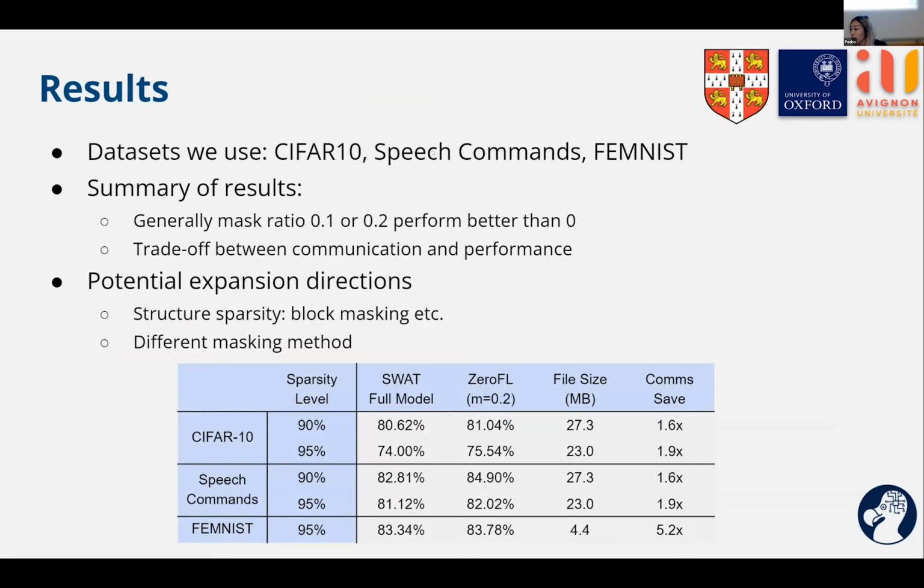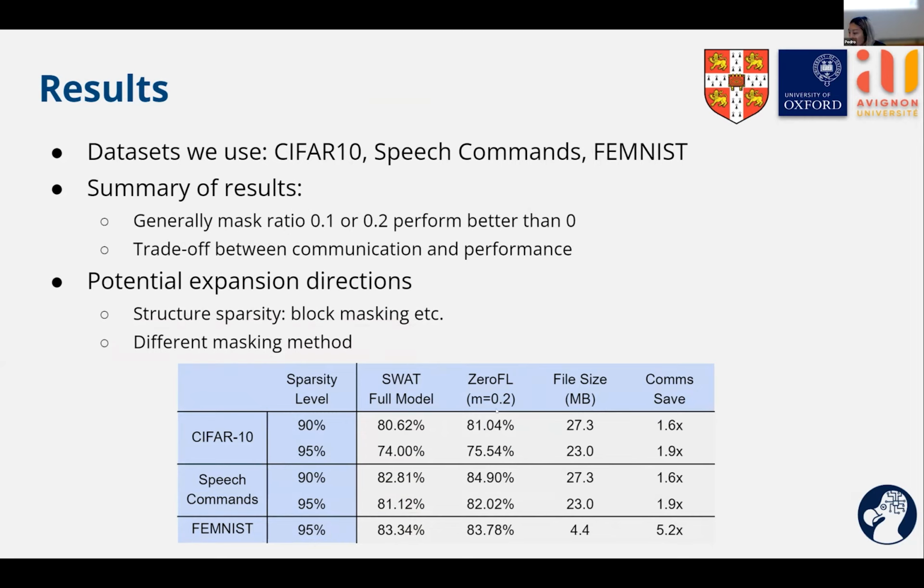For both CIFAR10 and Speech Commands, we use ResNet18 and introduce sparsity in the CNN layers. For the FEMNIST dataset, we use a simple CNN model and sparsify everything apart from the last layer.